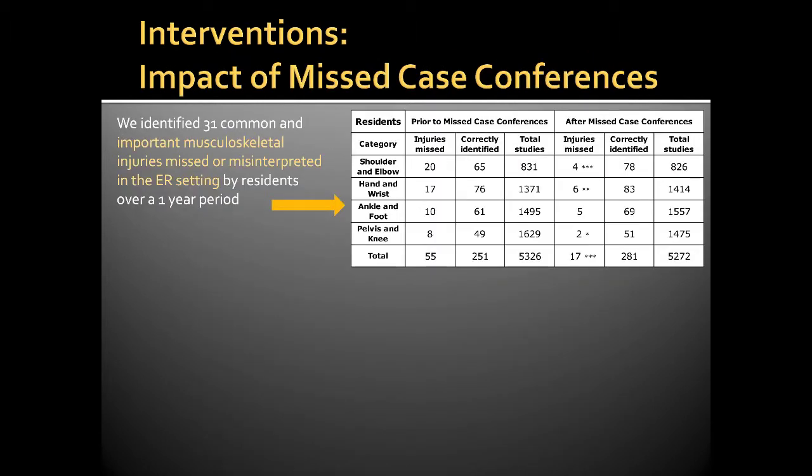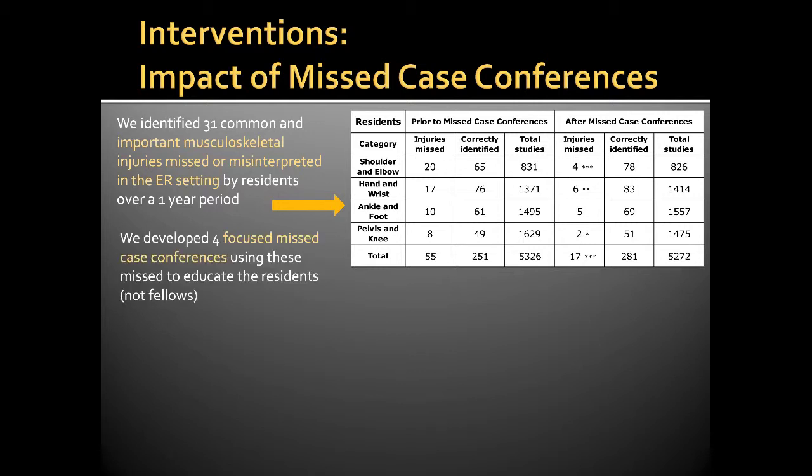I also want to talk about the impact of missed case conferences. In the same cohort of residents, we identified 31 common and important musculoskeletal injuries missed or misinterpreted in the ER setting by residents over a 1-year period. We then took those misses and developed 4 simple, focused missed case conferences to educate the residents. And then we looked at these types of misses over the following 12 months.